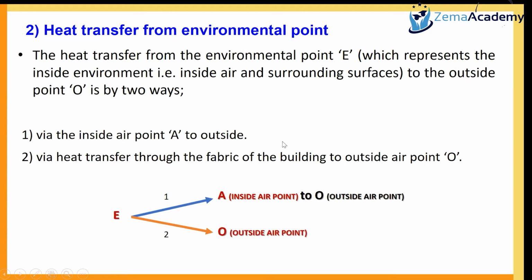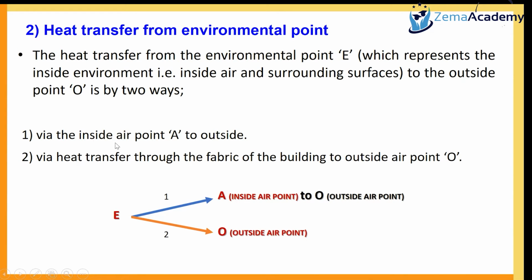And like I defined earlier, when we are looking at the heat transfer from the environmental point, we are going to look at the heat transfer that is convective in nature and that is radiative in nature. So considering this part, heat transfer happens in two ways from the environmental point.